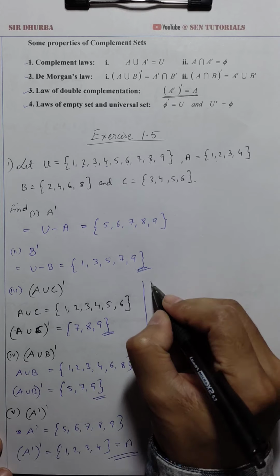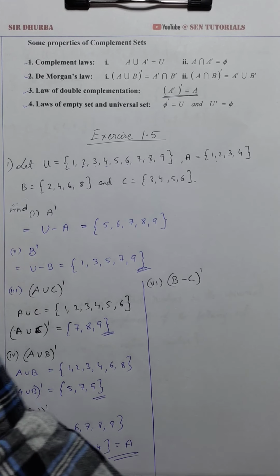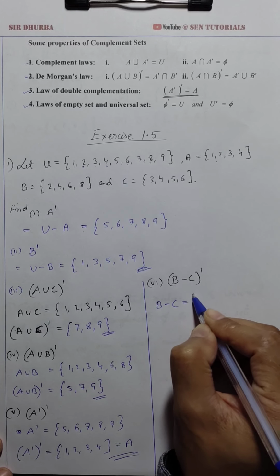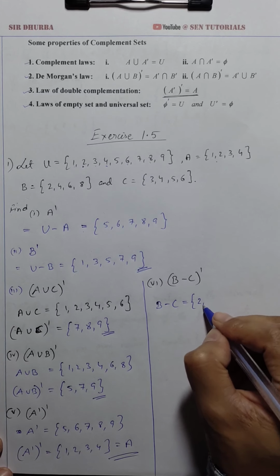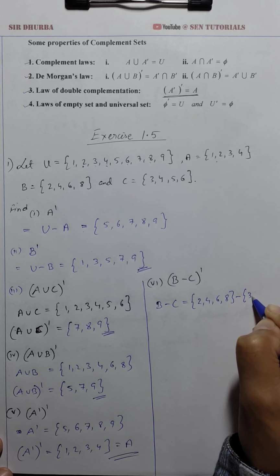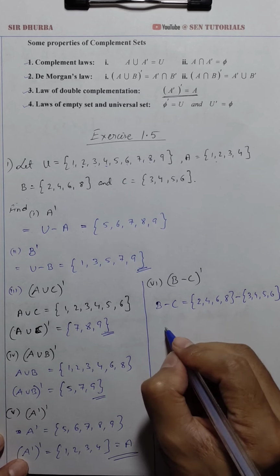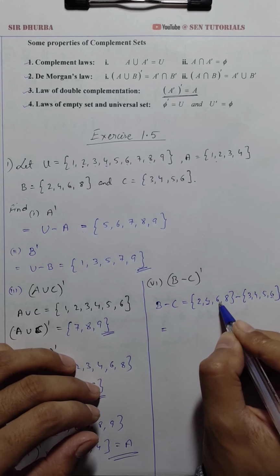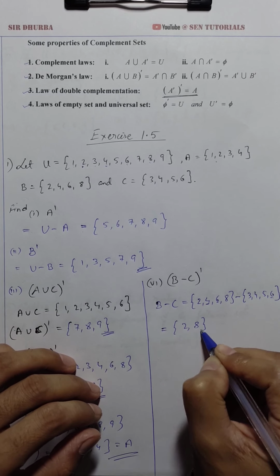The last one is the complement of B minus C. So let's first find out B minus C. Always do it systematically. B is 2, 4, 6, 8, minus C, which is 3, 4, 5, 6. So 4 can be out, 6 can be out, and I am going to be left with 2, 8.